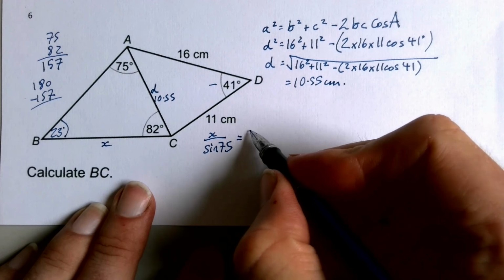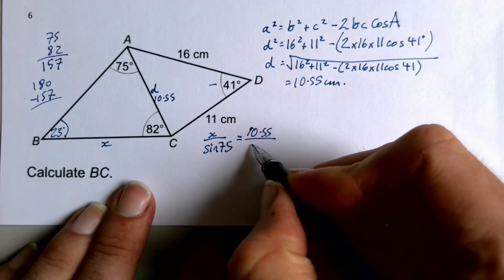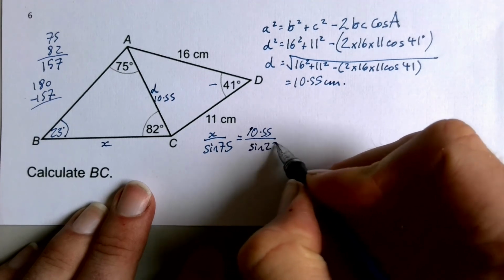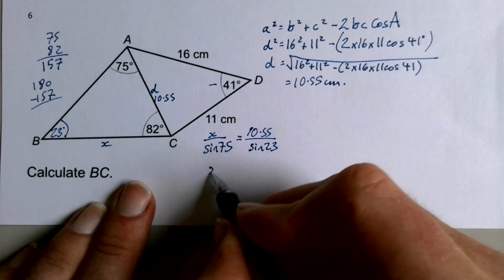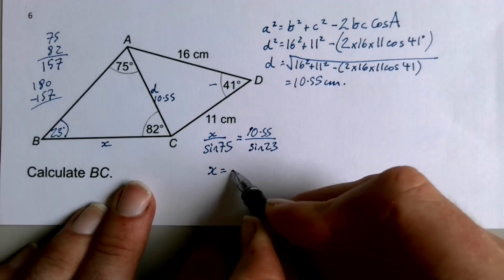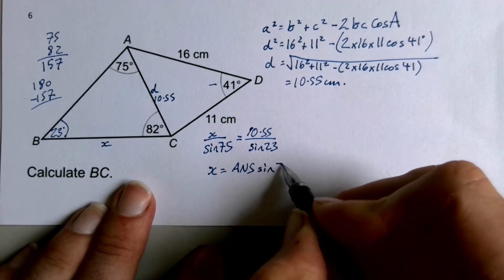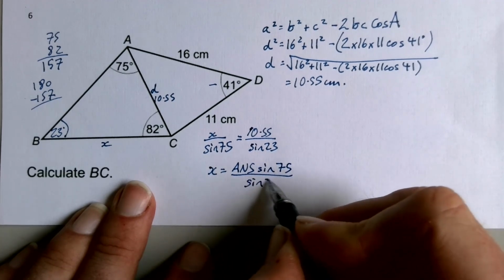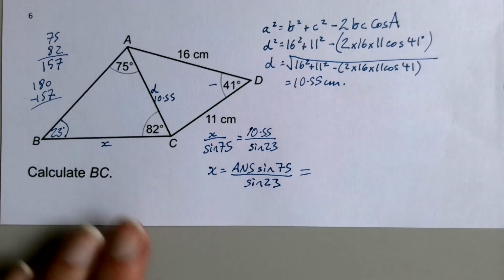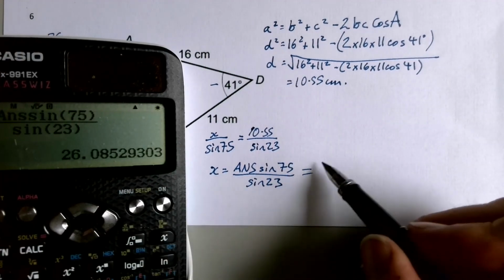So I can use the sine rule here and say that x over sin 75 is equal to d, which was 10.55, over sin 23. Multiply both sides by sin 75 gives me x is equal to, this time I'm just going to write answer there to remind myself to use the answer key on the calculator, and put that into my calculator, and it should give us 26.08.